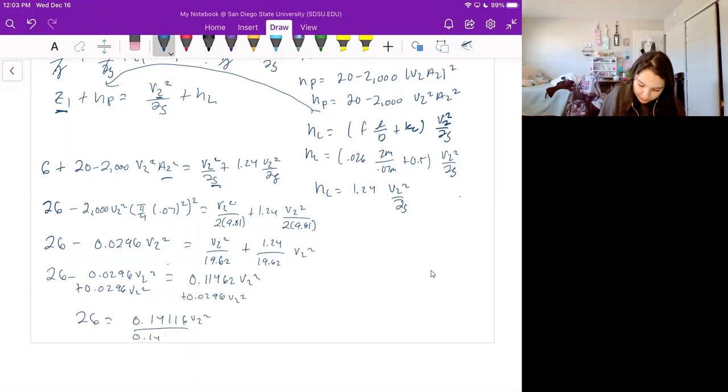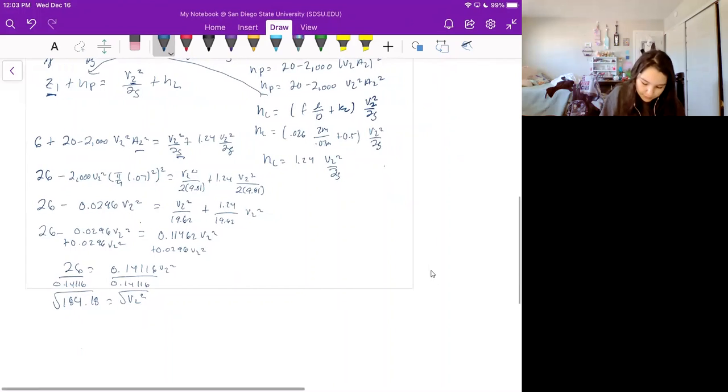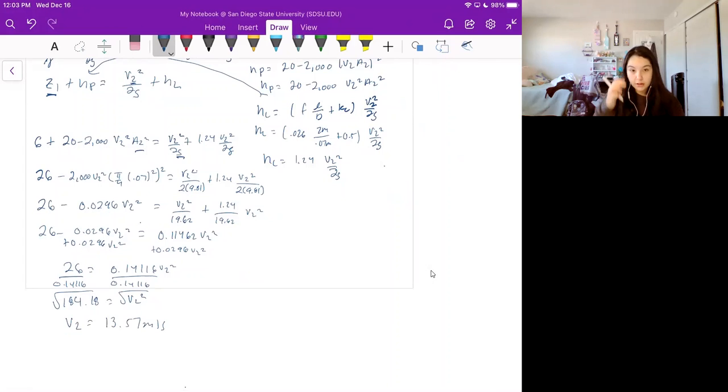Divide both sides by 0.14116, and you get 184.18 is equal to V2 squared. You take the square root of that, and you get that V2 is equal to 13.57 meters per second.